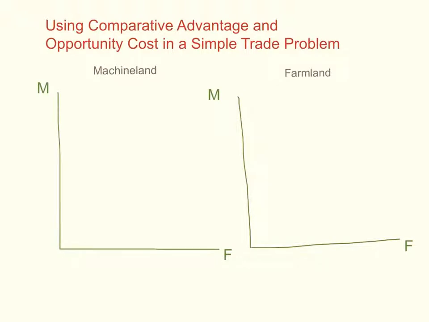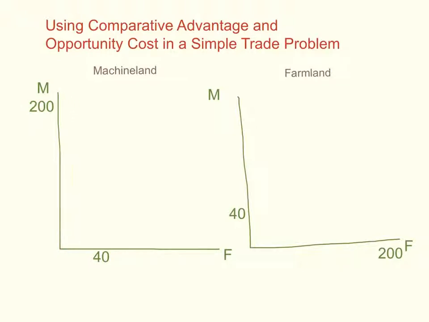So now we have our two countries, Machineland and Farmland, and we have our two goods, M for machines and F for food. We'll now add the production possibilities curves for each of the countries. We're going to assume in this example that if Machineland produced nothing but machines, they could produce 200 and no food.